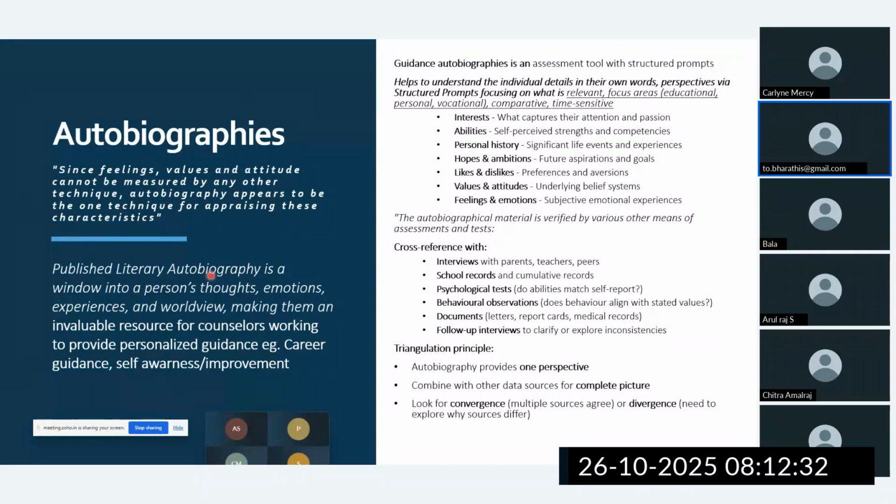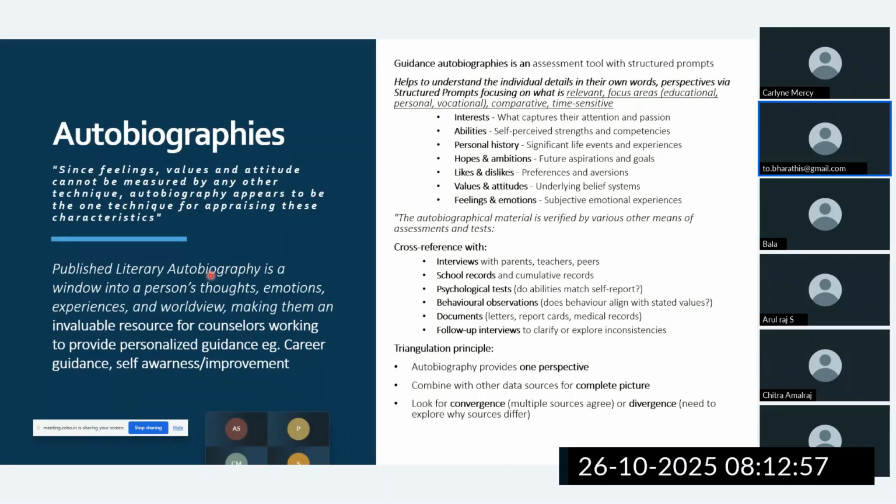It will give a lot of insights which questions will not trigger, because when you ask questions, they are prompted questions. Hey, what is your interest? What is your ability and everything? But when you give a standard prompt and allow the person to write like an autobiography, people will start sharing things which we may not intend to ask, but which may be very relevant for us to understand them better.